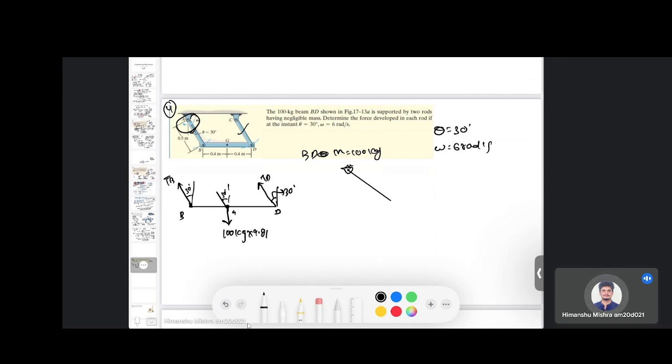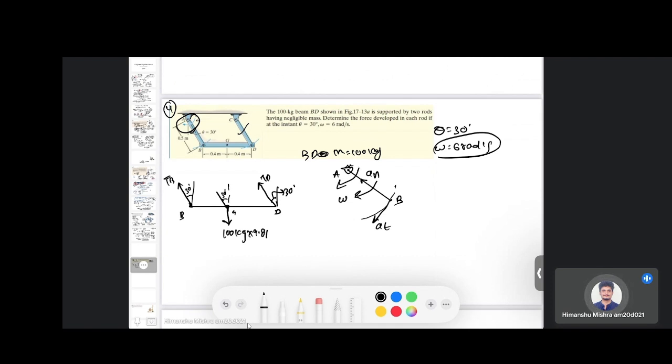The direction is already given in the figure, which means if this is my curve, it is rotating here. There is a tangential acceleration, and the normal acceleration is toward the joint, AN. This is A and this is B, and there is an angular velocity omega, and omega is 6 rad per second.